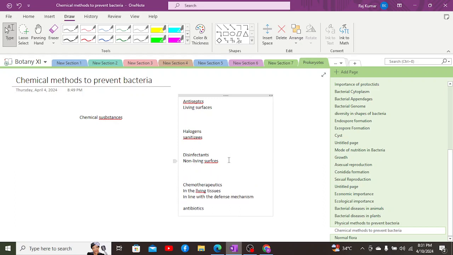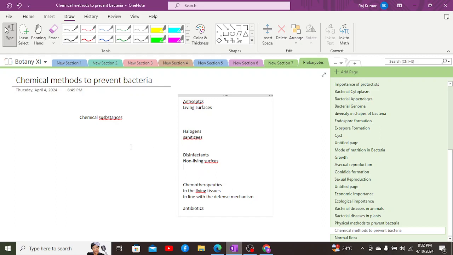For disinfectants, we have examples of several detergents, as well as several disinfectants available in the market, such as utensil cleaners and washing powders and all that. These are all examples of disinfectants.